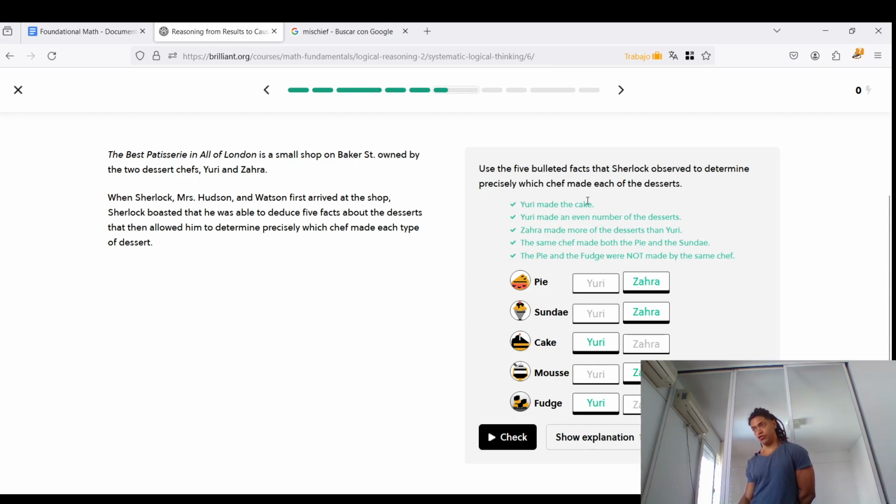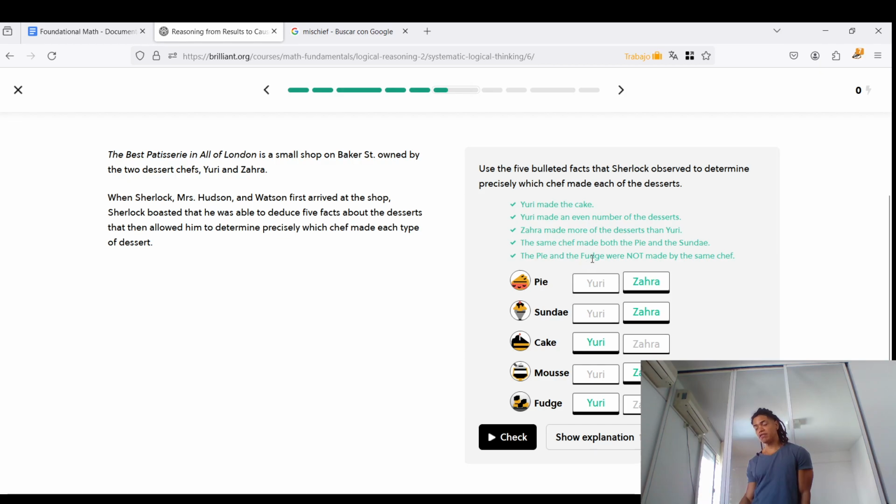So you have Judy make the cake first, okay? But Judy made an even number of desserts, 2 or more, but Sarah made more desserts than Judy. So it must be at least 3 of them, all right?